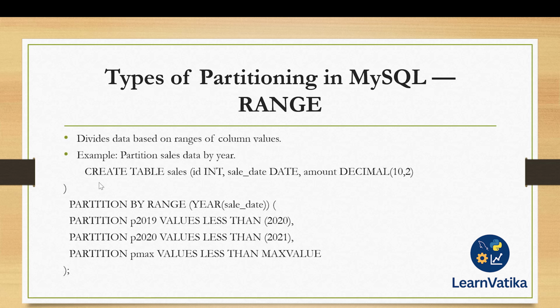We are creating a table sales with ID as int data type, then sales date data type, and the amount of decimal data type, and then we are partitioning it using range. We are doing the range partitioning on the year column. First, we are extracting the year from the sales_date column, and based on the value of year, we are dividing.